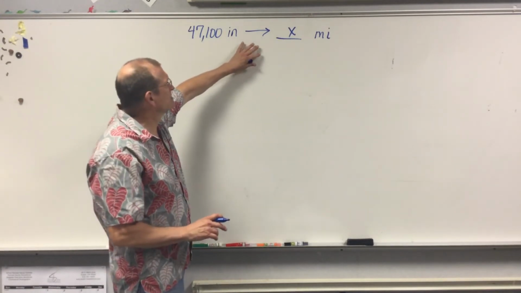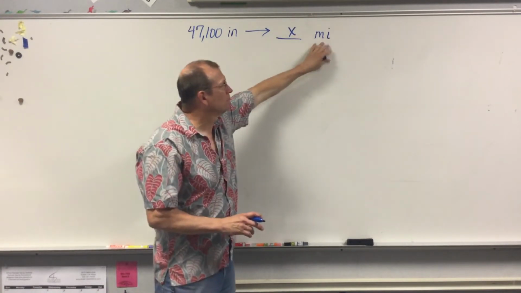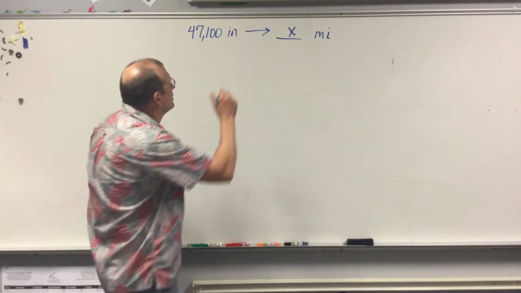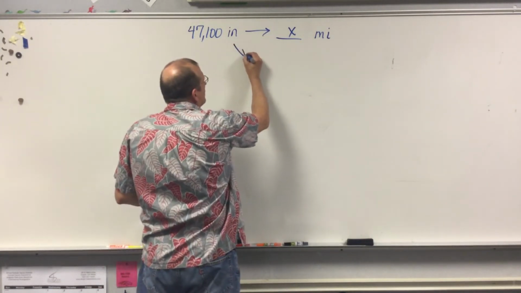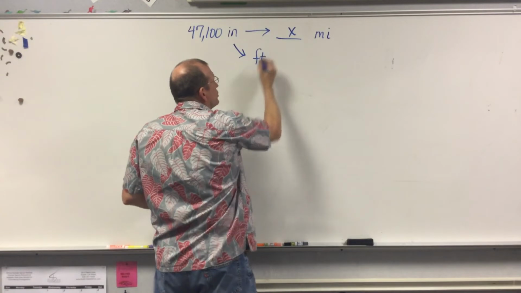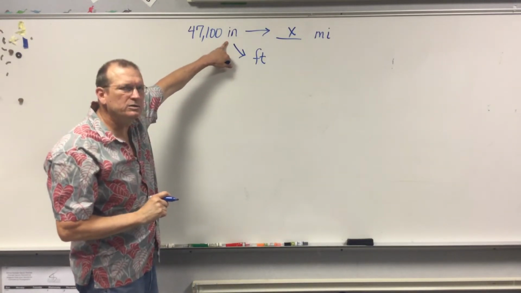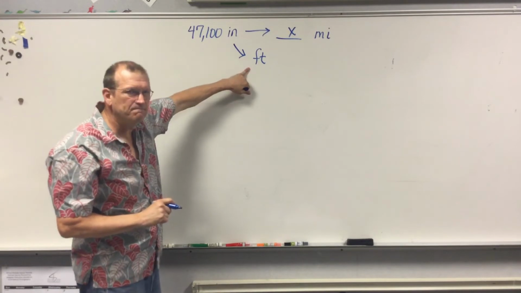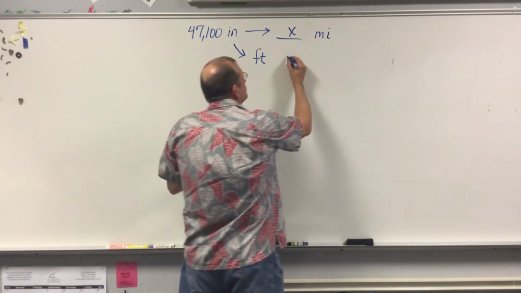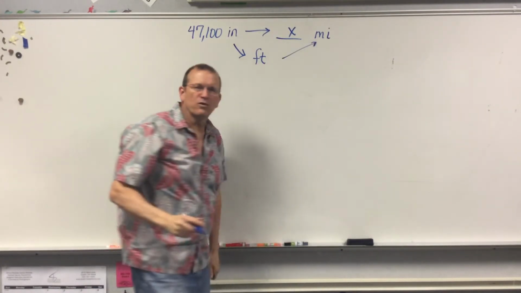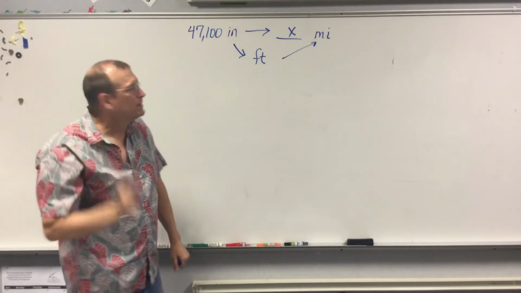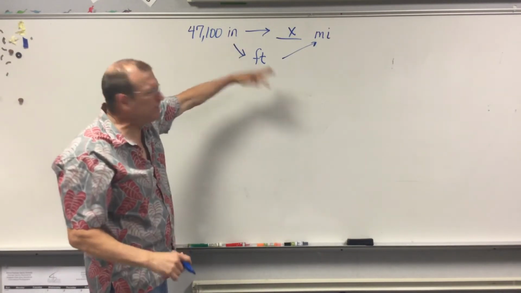But when you ask somebody, hey, how can we go from inches to miles, you are more likely to have somebody say, I can change my inches to feet, and then I can go from feet to miles. Now again, inches to feet we just finished doing.